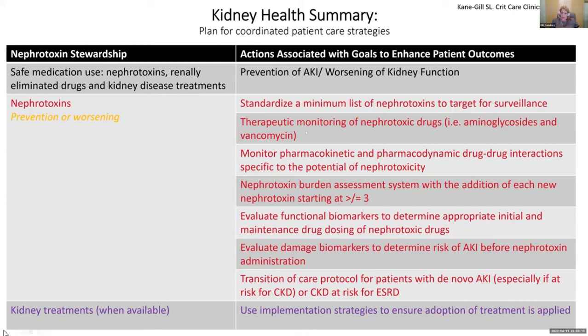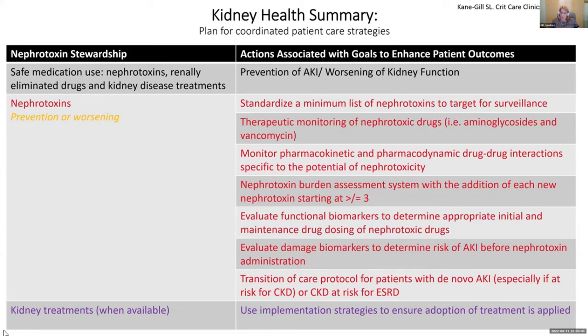We have aminoglycosides and vancomycin, which are nephrotoxic, but they're also renally cleared. So therapeutic drug monitoring is important for these particular drugs. I've mentioned drug interactions that you might want to look at as well. This concept of nephrotoxic burden. So again, when a patient's on 3 or more nephrotoxins, that's a good idea to step in and intervene, see if you can reduce some of the drugs that the patient's on with regards to nephrotoxins, maybe prevent them from progressing.